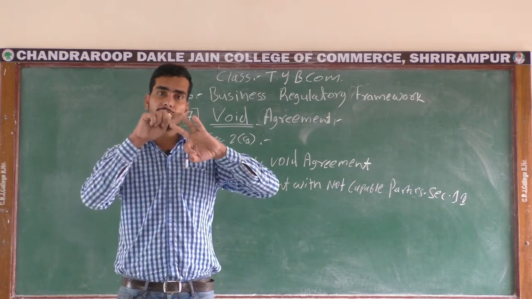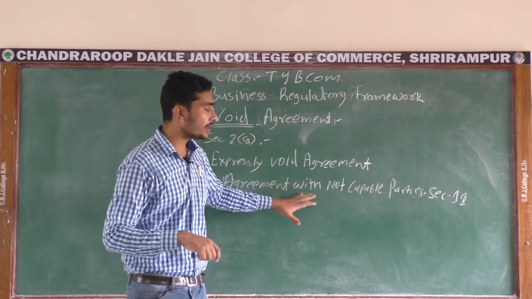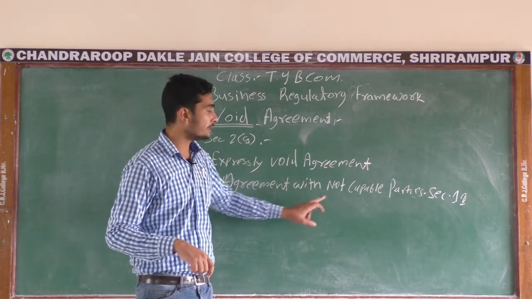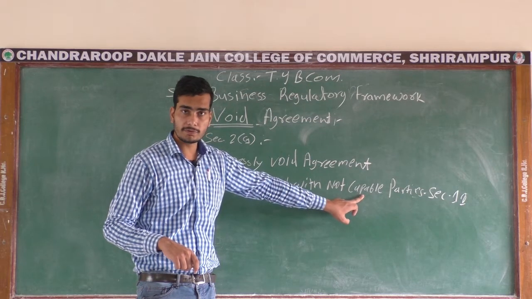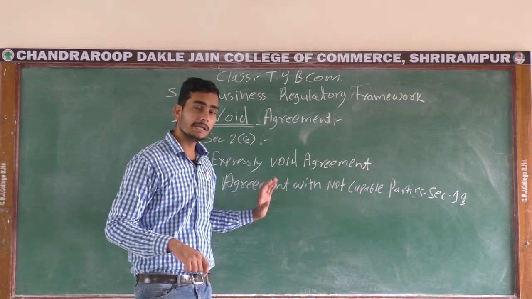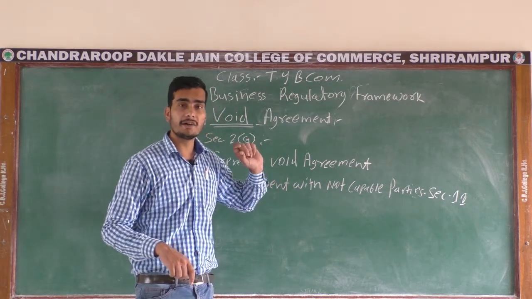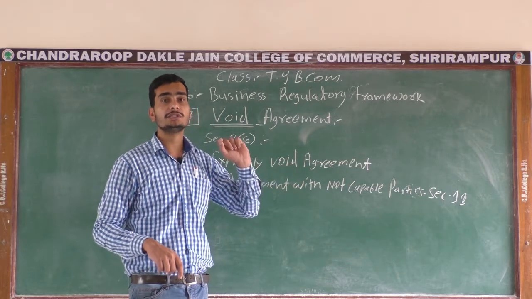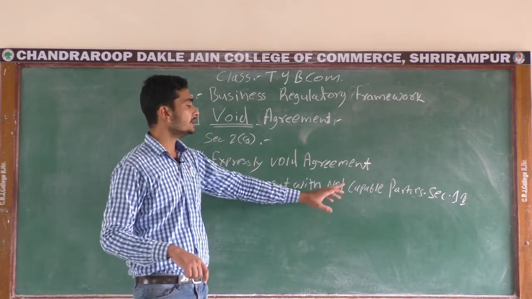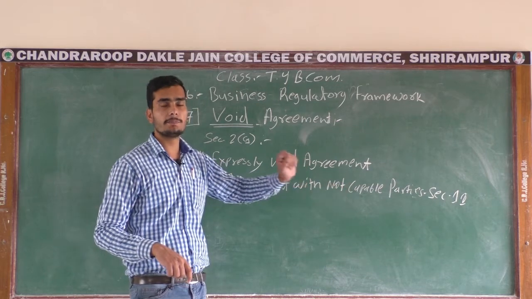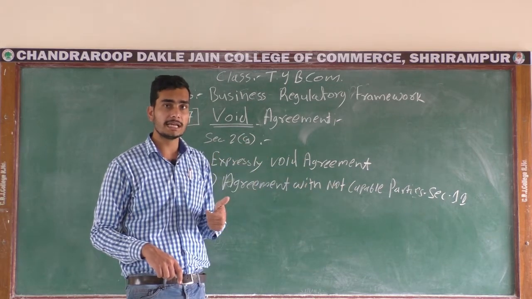If you are making a contract with a minor, then your parties are not capable to perform that agreement. If you are making a contract with an unsound-minded person, or a mentally disabled person, then your party is not able to perform his action.